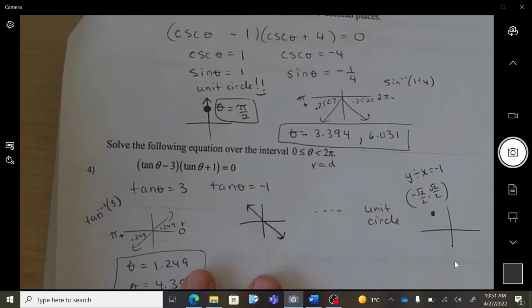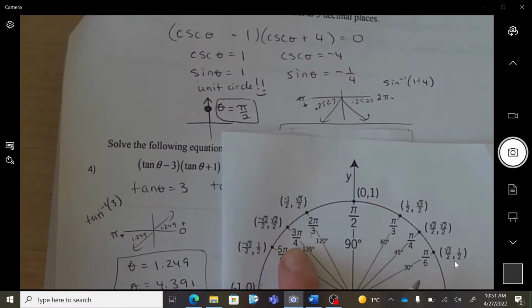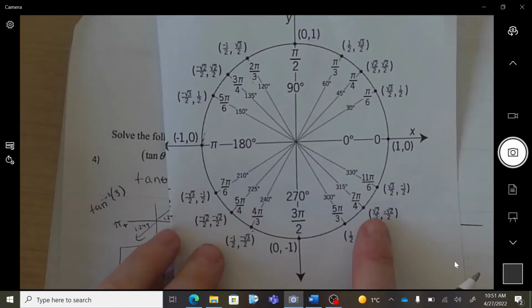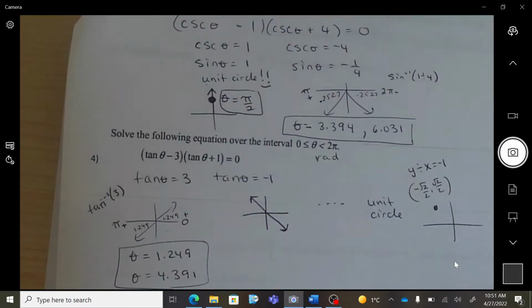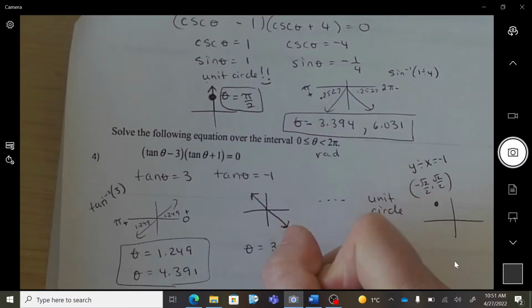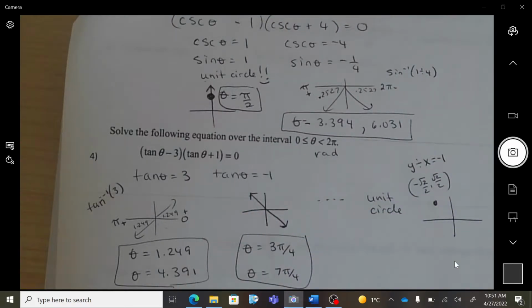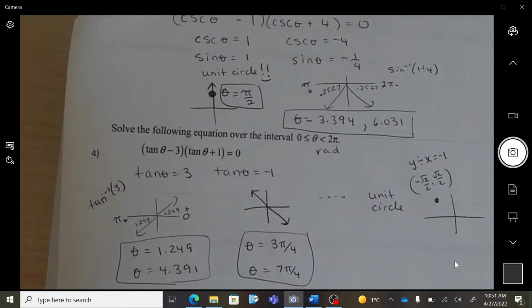Okay, so on my unit circle, 3 pi over 4 and 7 pi over 4. And if you forget that that was on the unit circle, you can still do the inverse of 1, and you can get your decimal answers as well. That's fine.